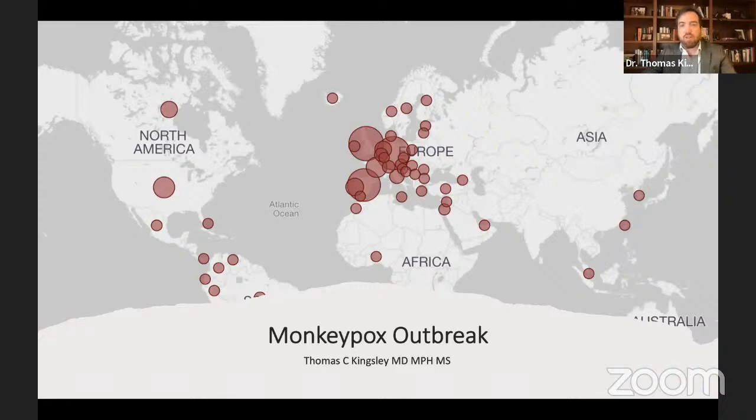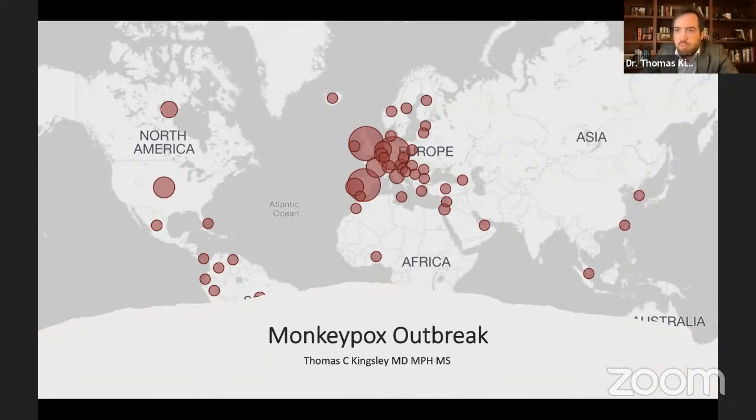Mostly these have occurred in Central and West Africa, where it's endemic. Occasionally, there have been outbreaks outside of these endemic regions, but typically they're associated with travelers and can be traced back to origins in these endemic regions.